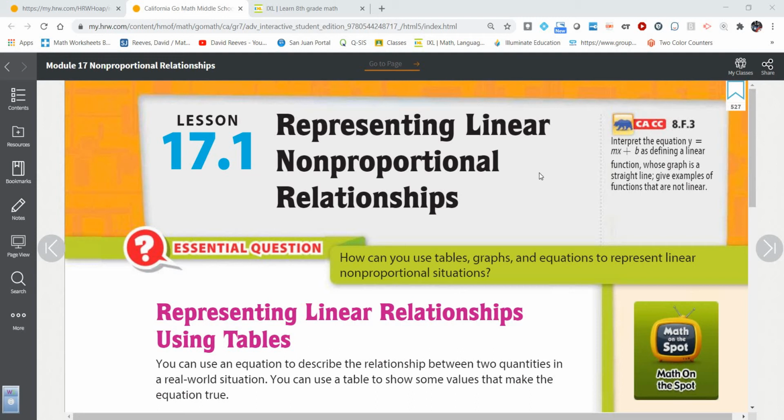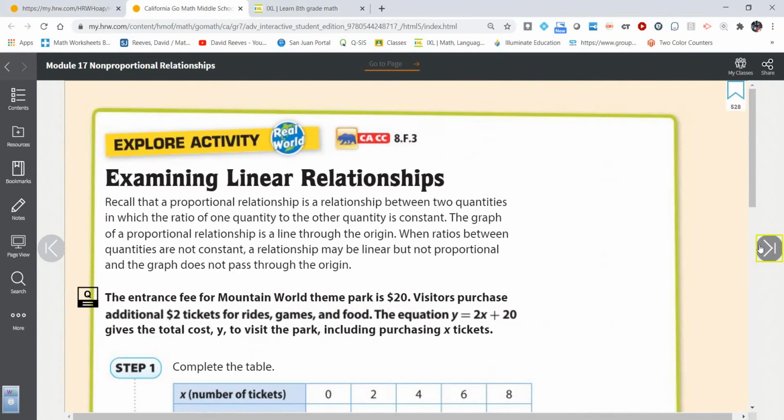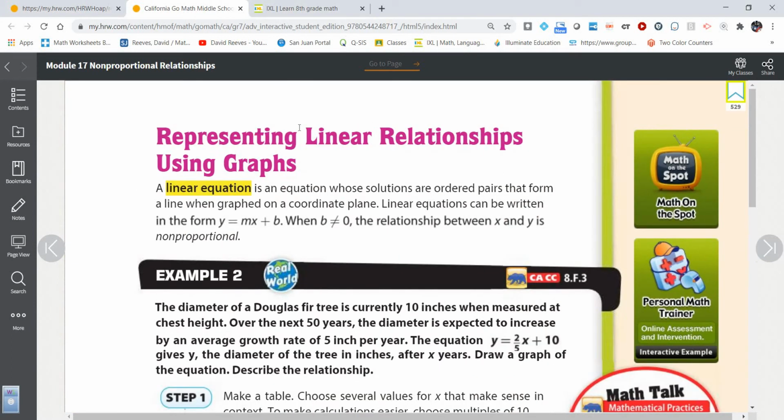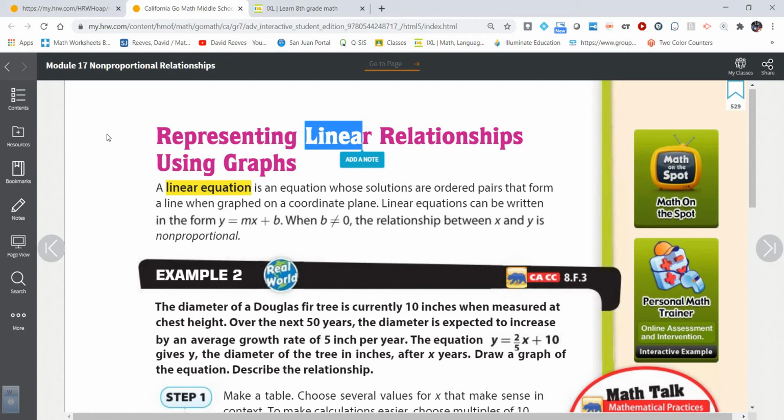Linear non-proportional relationships. Just a reminder, when you see that word, a linear equation is an equation whose ordered pairs form a line. So when you plot those ordered pairs, if you get a line, it is linear. Now, it can be linear and proportional, or it can be linear and not proportional.